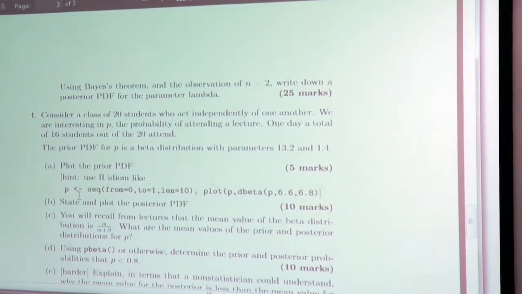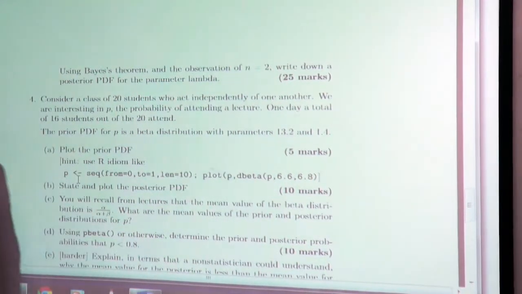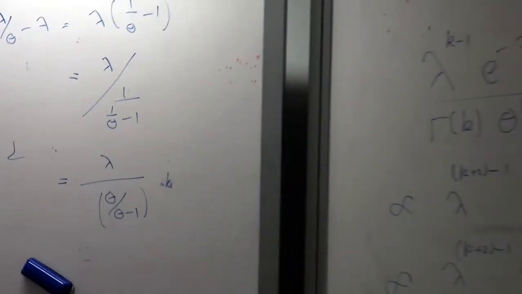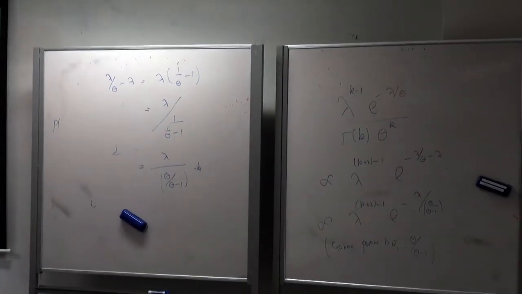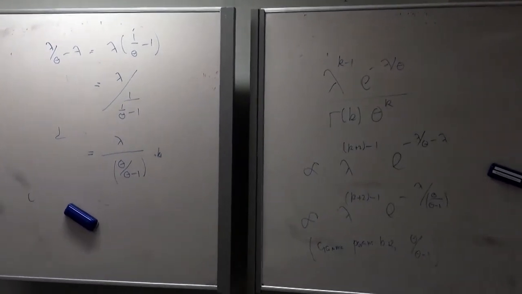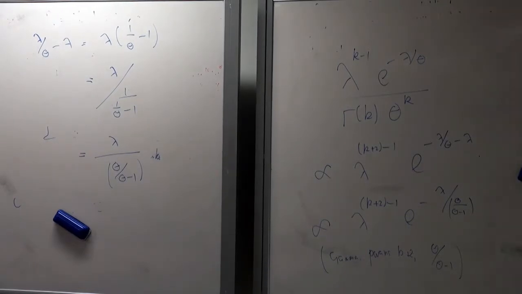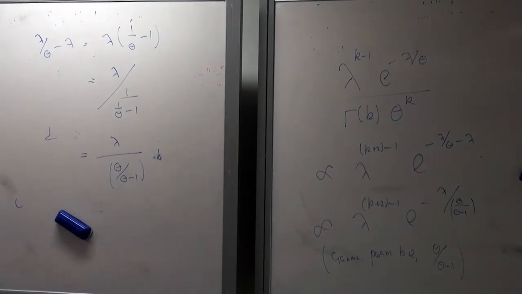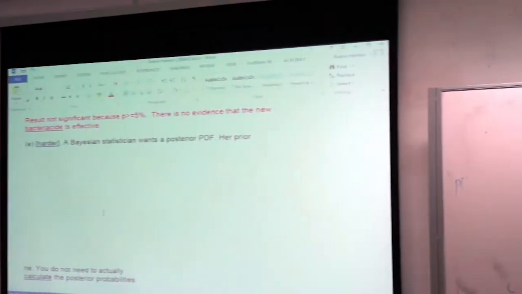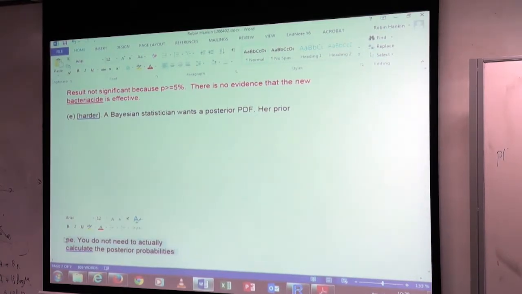Using Bayes' theorem, with the observation n equals 2, write down the posterior, which is this. So it was proportional to, oh, I'll write it in Word. What did I say?